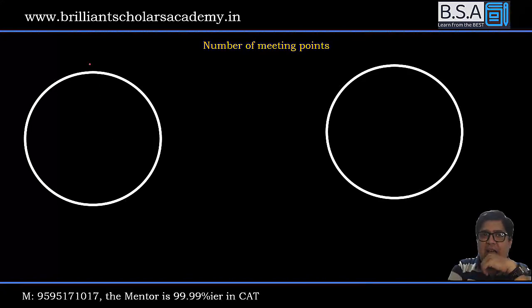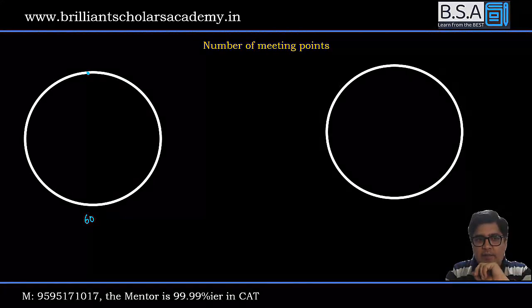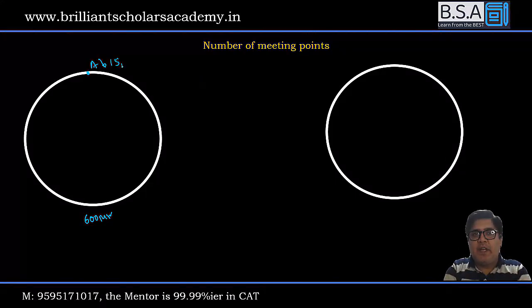At this stage, I'm covering A and B going in the same direction. I'm imagining the circle track length is 600 meters. Track length, not the radius. A is going rightwards with speed 15 meters per second.